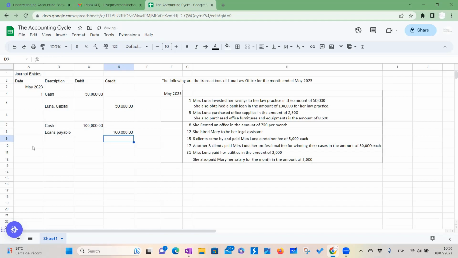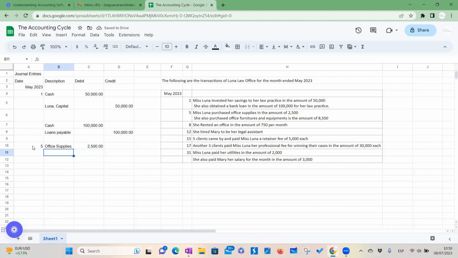So on May 5, Miss Luna purchased office supplies in the amount of 2,500. She also purchased office furnitures and equipments in the amount of 8,500. So we'll debit office supplies for 2,500.